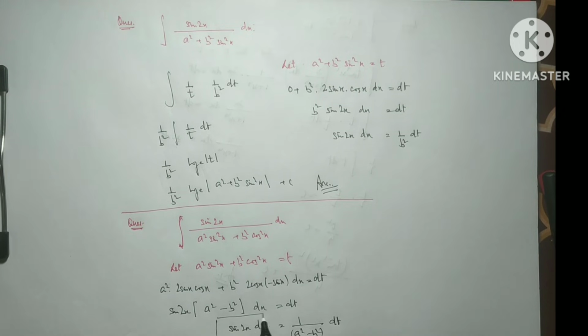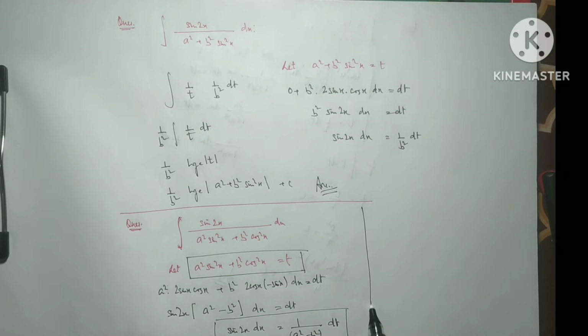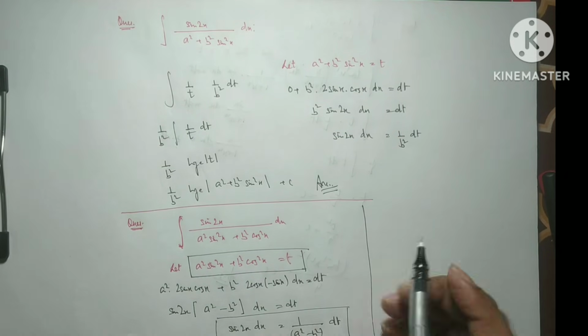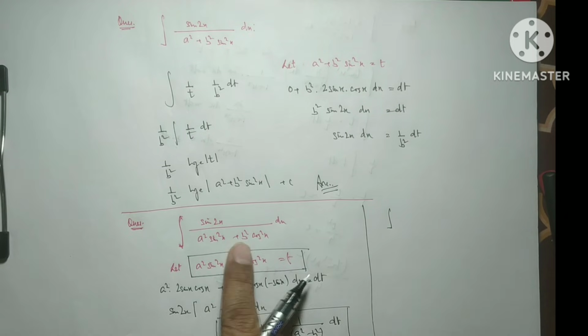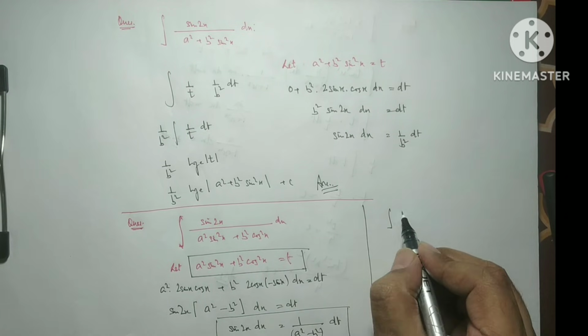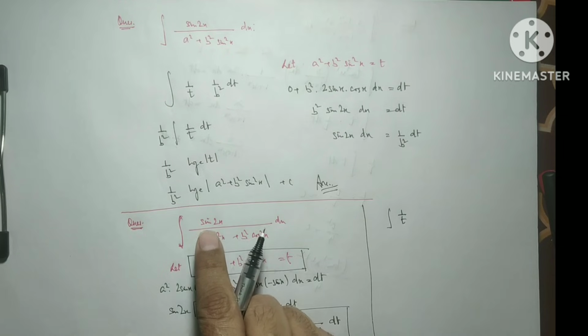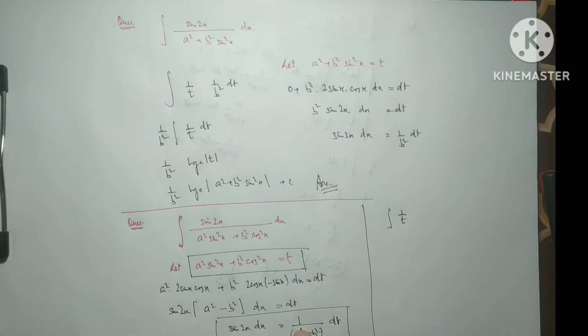So we collect this value and we substitute this value. So in the given question we put these values, denominator as t, so we have 1 over t, and the sin 2x dx is this value.